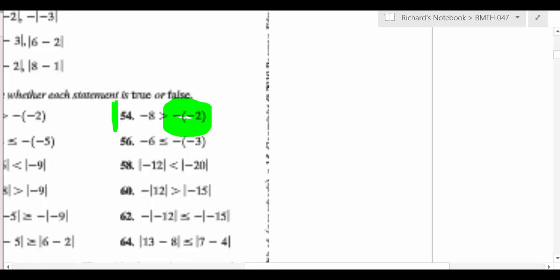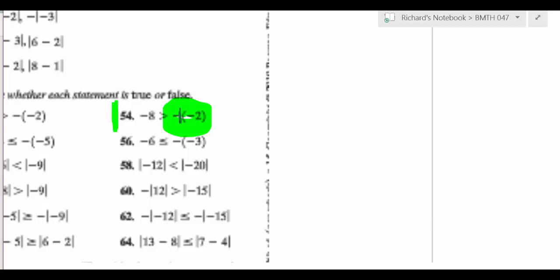The first negative sign really means -1, and that's a convention we use in math. If there's just a negative sign with no number attached, it's really -1. So this is -1 multiplied by -2. A negative times a negative is a positive. Let me decode this.